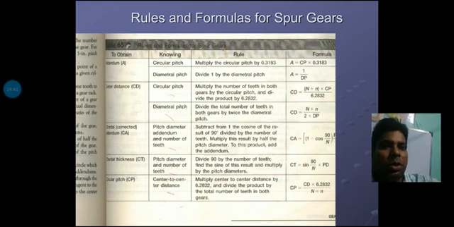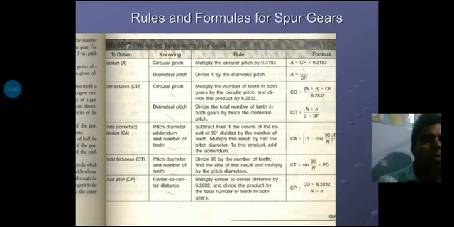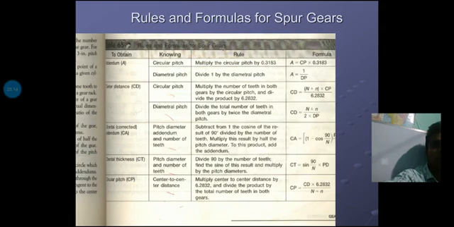Rules and formulas for spur gear. Number one, addendum A is equal to Cp into 0.3183, where Cp means circular pitch. Now diametral pitch is equal to 1 by dp.